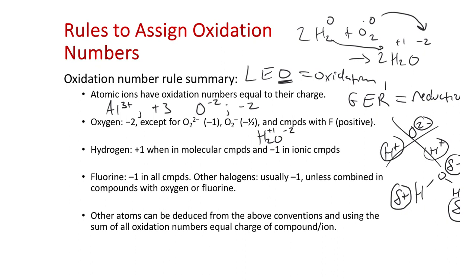So oxidation numbers are kind of like a bookkeeping system for where positive charge is building up versus where negative charge is building up, when we're comparing different types of ions.